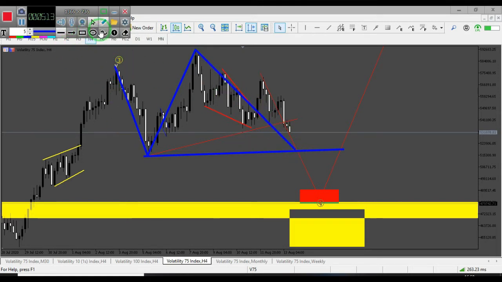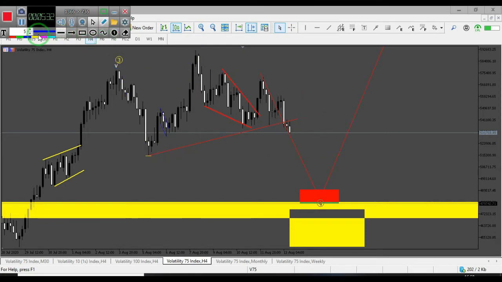This is what we're going to expect: an A, a B, and a C. And from here, we have our move to the upside to complete our wave 5.